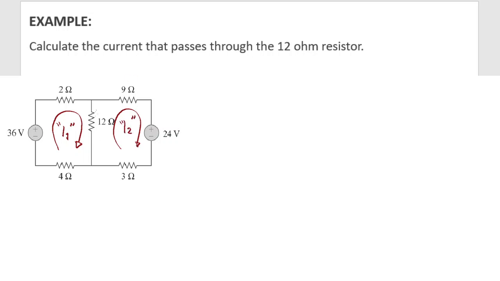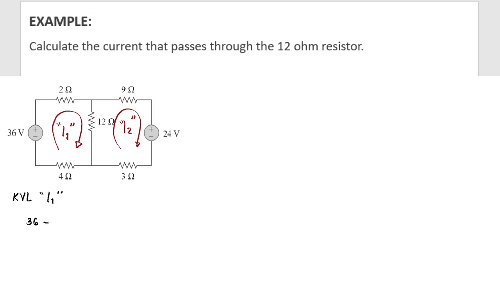Okay, the next step is to form the KVL equation on each loop current. So forming the KVL equation for I1, let's start with this voltage source. It enters the negative and leaves the positive. So that would be a positive 36. Then it passes through this 2 ohm, and our point of reference is I1, and the loop current that passes through this 2 ohm is also I1.